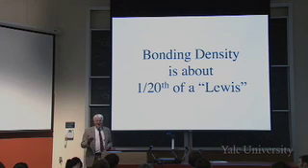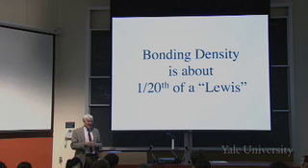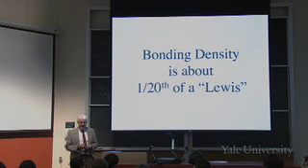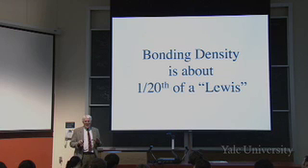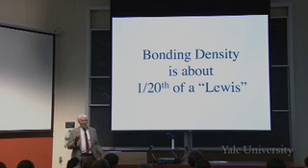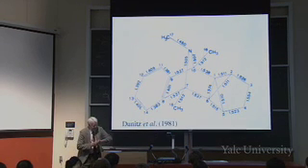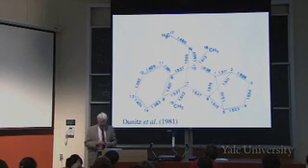If you want to understand this better than I've explained it, go on the web and look at Professor Dunitz explaining it. We have a little movie of him talking about this particular problem. But at any rate, the conclusion of all this is that bonding density is about 1/20th of a Lewis. And it's time for me to quit. We'll go on with this next time.